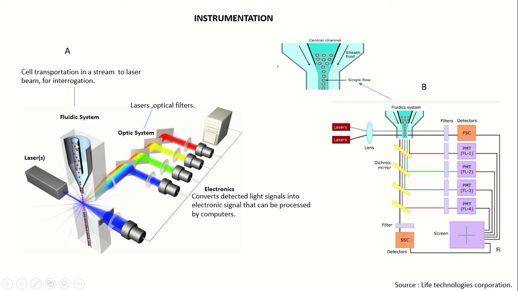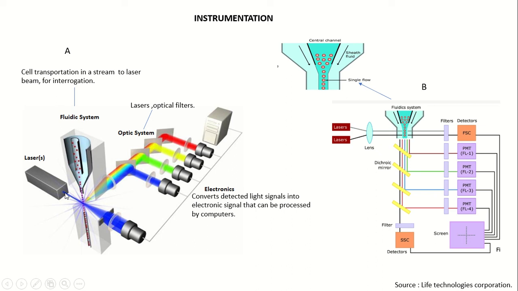Then there is the optic system, which comprises lasers for excitation and several optical filters. We will see that the optical filter is there to block the undesirable wavelengths from being detected by the detectors. So these are the detectors.